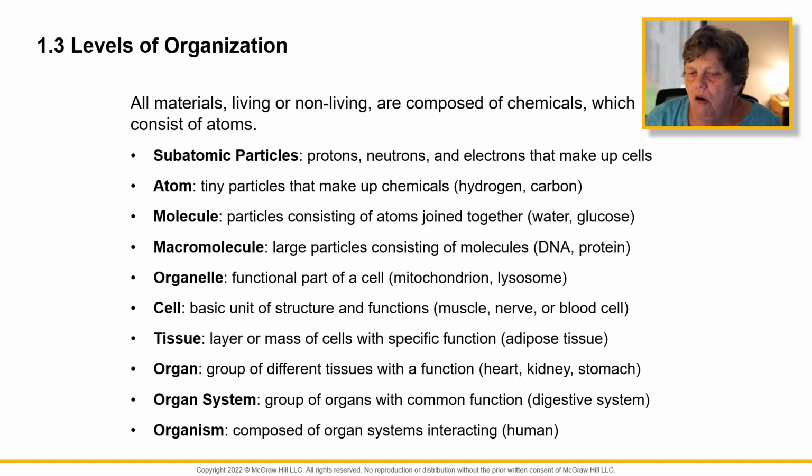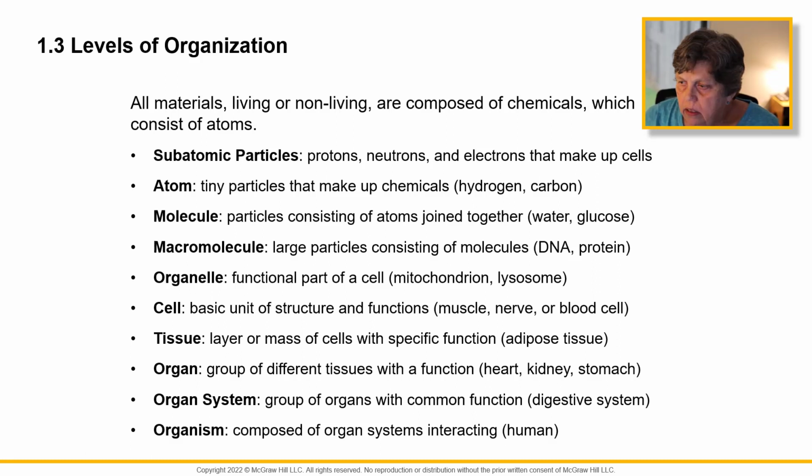Okay, so one of the first things we have to look at is these levels of organization. All materials are composed of chemicals. You can have non-living and living, but everything is made up of atoms. These atoms, if you've had any kind of chemistry, are made up of subatomic particles: your neutrons, your electrons, your protons. We'll look at that in the next chapter, and you'll look at how that atom is constructed.